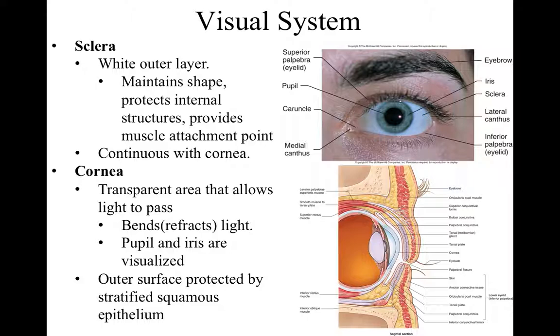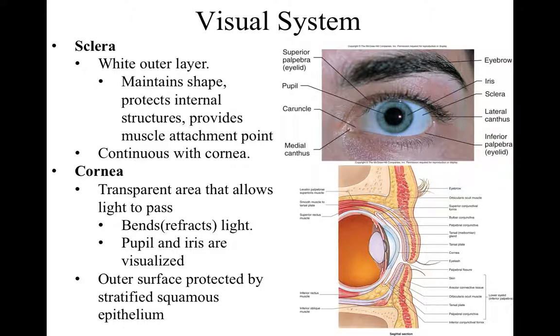Now, the function of the sclera is actually, it's going to be our major structure that is holding our eye together. So it provides the shape, it provides protection for internal structures, but it also provides attachment points for muscles that will actually be on the posterior, lateral, and well superior and inferior aspects of the eye.